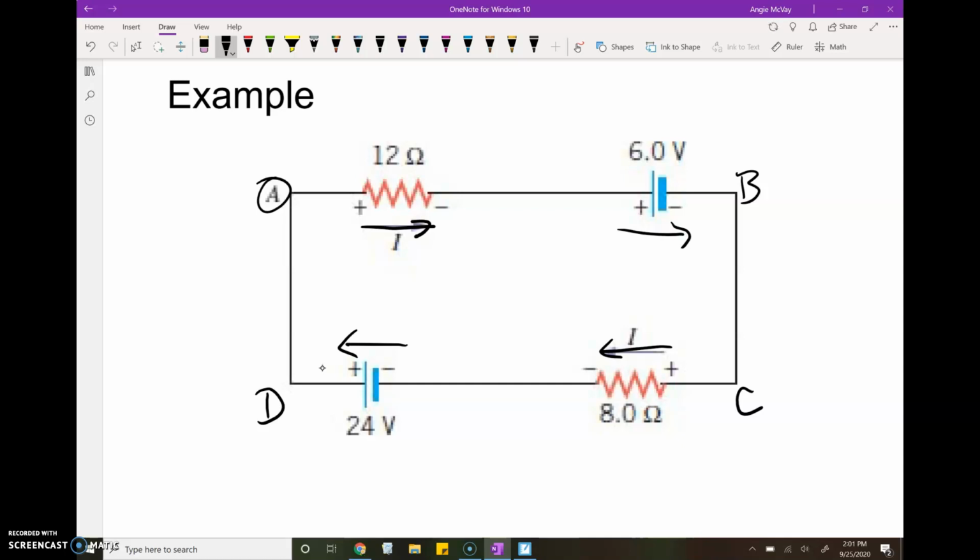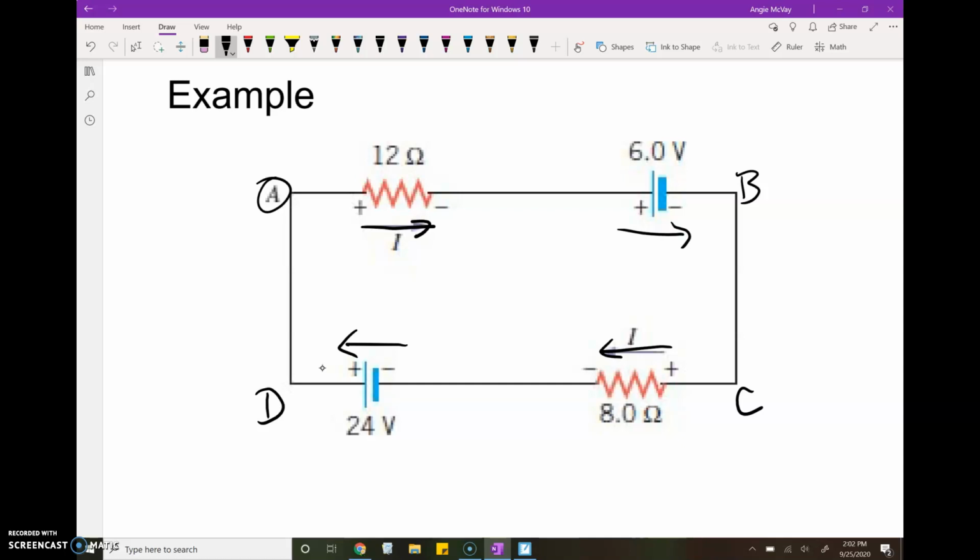Now let's follow that current in order, and we are going to determine what side of the resistor and power supply are the high and low potential ends. That will help us figure out whether a device is providing a potential drop or a potential gain.